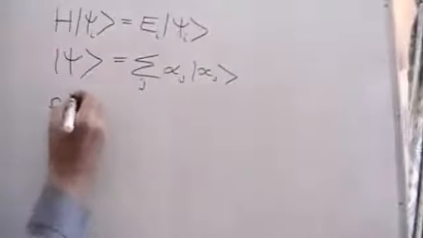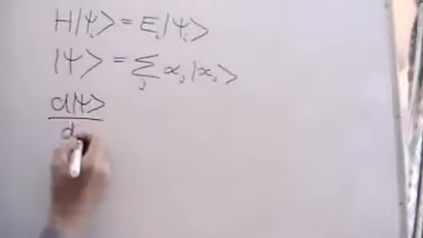So let me now find out what this is. How does psi change with time? Well, that's going to be equal to, on this side, sigma j. Now, which of these two is going to change with time? Well, the basis states won't. Those are just basis states. This is the probability amplitude.